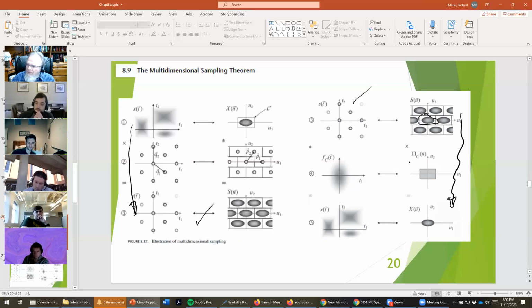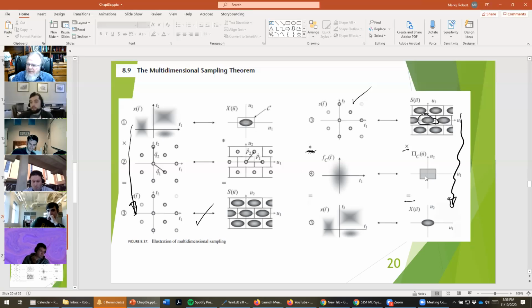Well, okay, we multiply here. So this times this rectangle is equal to the spectrum. We multiply in the frequency domain. What do we do in the time domain? We convolve, right? We convolve with whatever the inverse Fourier transform of this is.